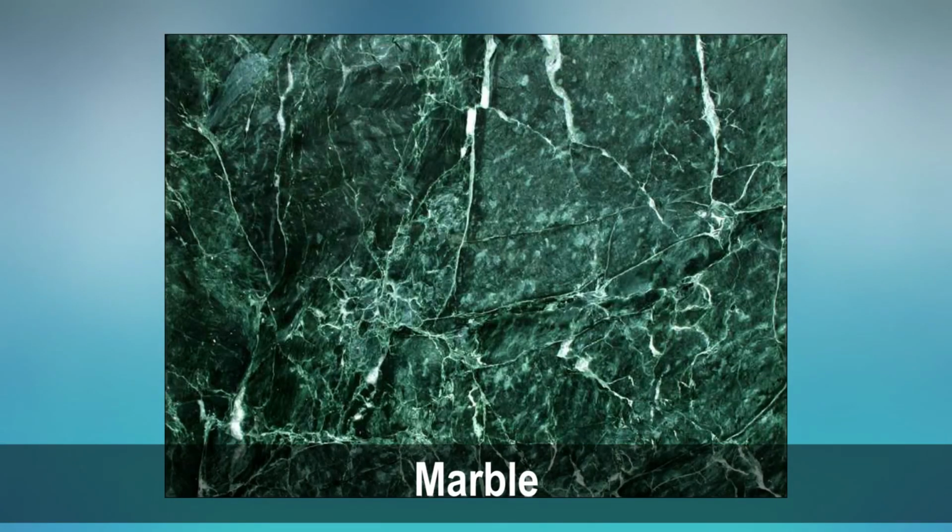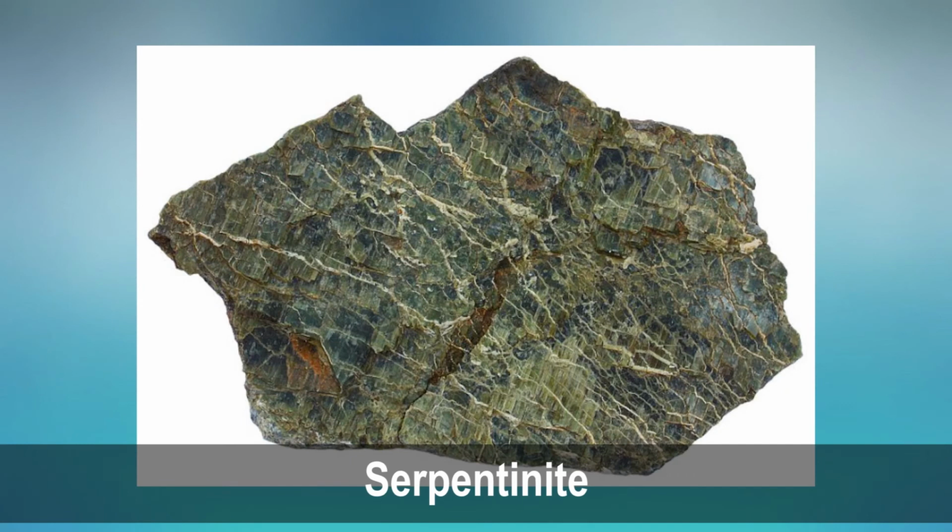Marble, a crystallized carbonate rock composed of calcite or, less commonly, of dolomite. Serpentinite, a green, black or reddish rock composed dominantly of serpentine, antigorite, chrysotile, etc. It is formed by hydration of igneous or metamorphic peridotites, olivine-rich ultrabasic rocks.